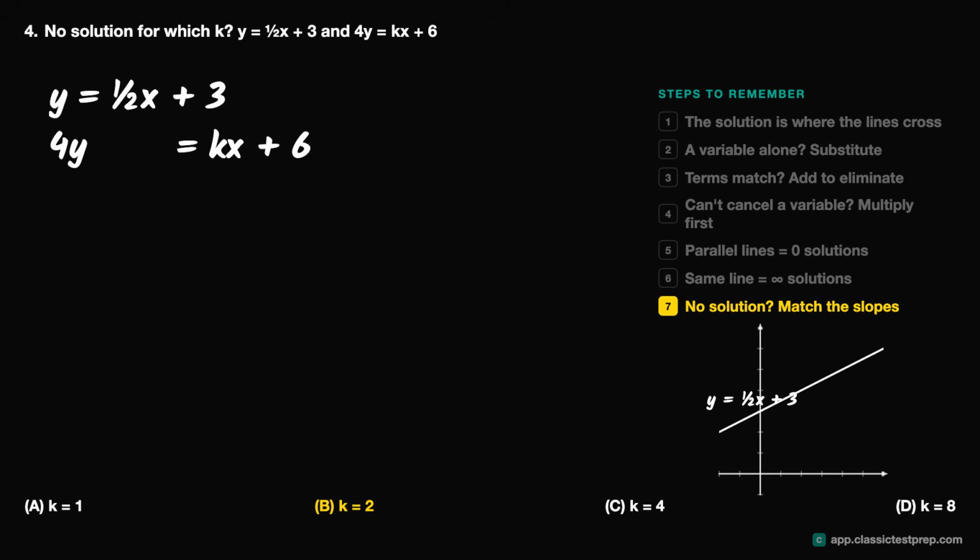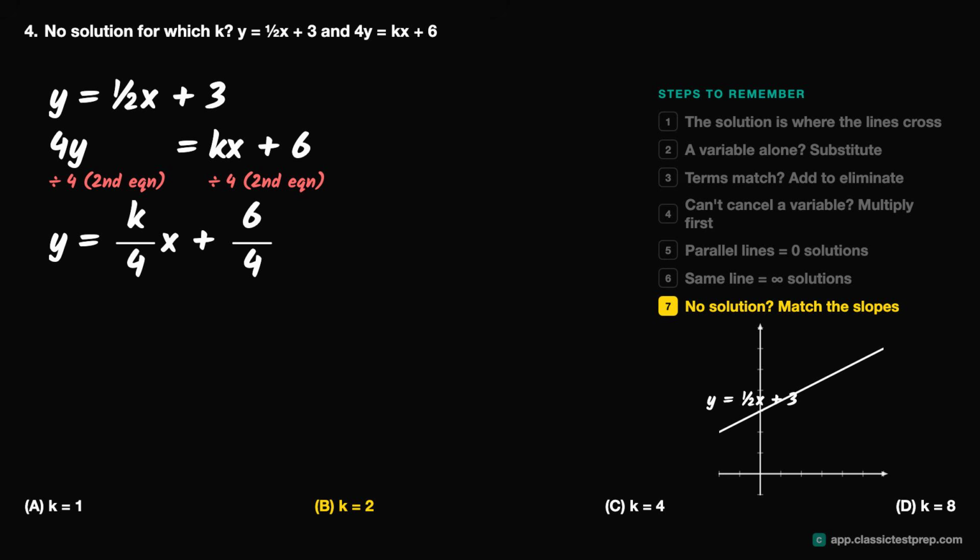So we need a value for k that results in parallel lines. y equals 1/2 x plus 3 is one of our lines, and 4y equals kx plus 6 is our other line. We need a value for k that results in the equation having a slope of 1/2 because they would have the same slope but a different y-intercept.